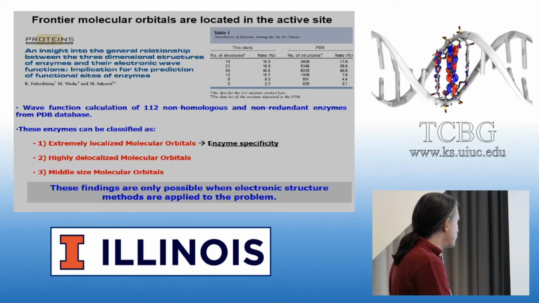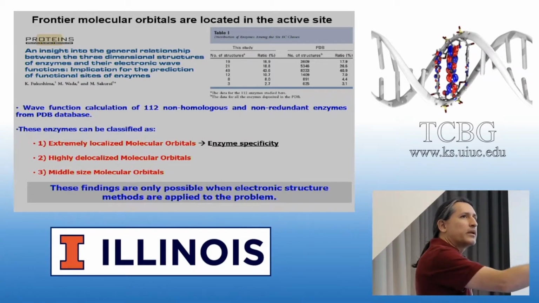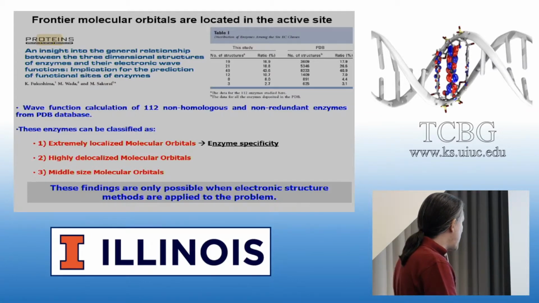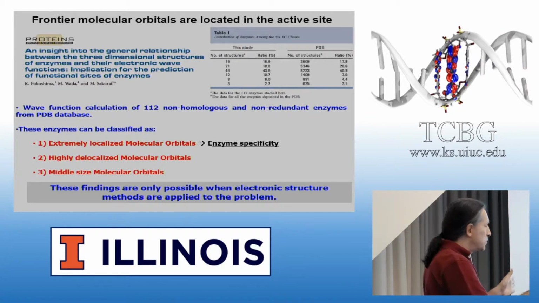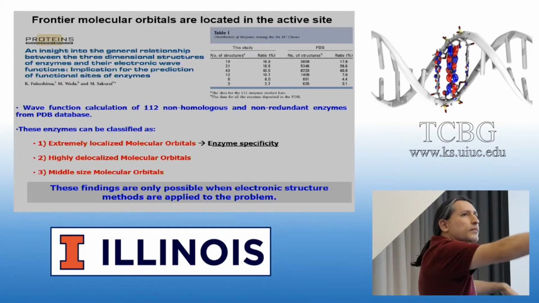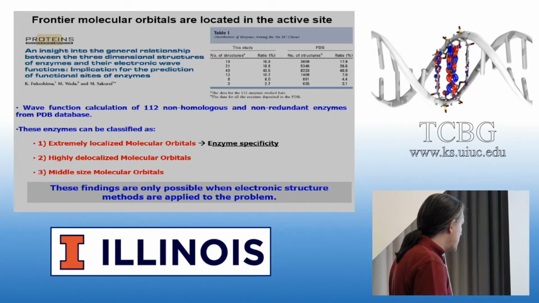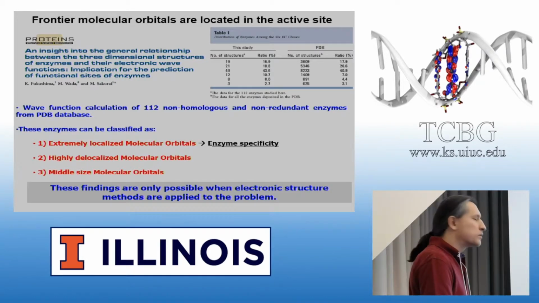From their results, these enzymes can be classified as enzymes that have extremely localized molecular orbitals in the active site, enzymes with highly delocalized molecular orbitals, such that the molecular orbitals spread over the whole protein molecule, and a third set of enzymes that has medium-sized molecular orbitals.